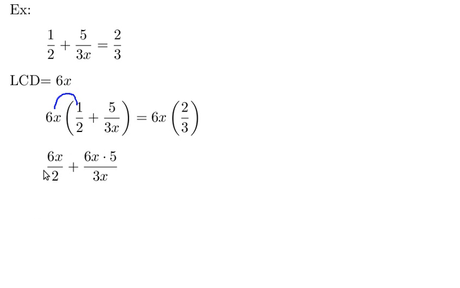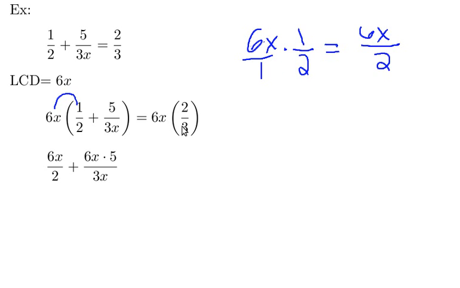If you want to do it the long way, it'd be 6x times 1/2, then you multiply across: 6x times 1 is 6x, 1 times 2 is 2, so that's where I got the 6x over 2. Then I distribute the 6x to the 5 over 3x to get 6x times 5 over 3x. Then I want to deal with the right side too, so that's going to be 6x times 2 over 3.